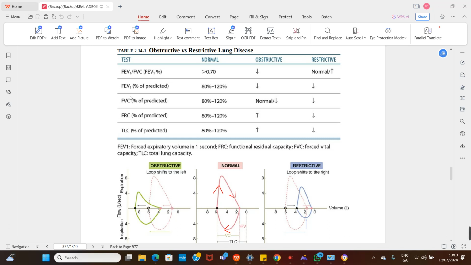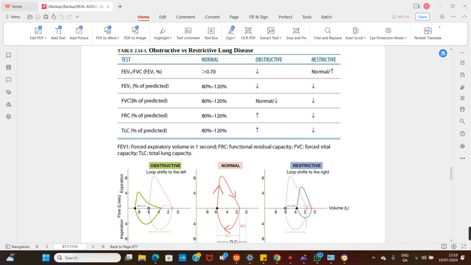So the FVC can be normal or can drop in obstructive, because we have said that in obstructive, the one that is constantly reducing is FEV1. So sometimes FVC might be normal and sometimes it can drop, but in restrictive it drops. FRC, now because of obstructive disease, they have problem getting air out. So it means that you are going to be having air trapping. And don't forget, functional residual capacity talks about the volume of air that remains at the end of a normal quiet tidal respiration.